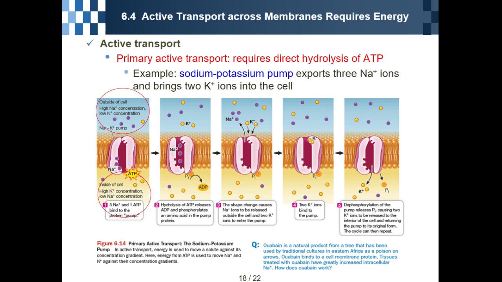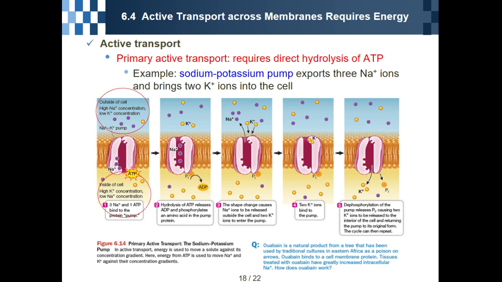So after they use the ATP, Na plus can move to the outside. During that time, two K plus can be transported to the inside. It's like this. So one is here, the other is here.